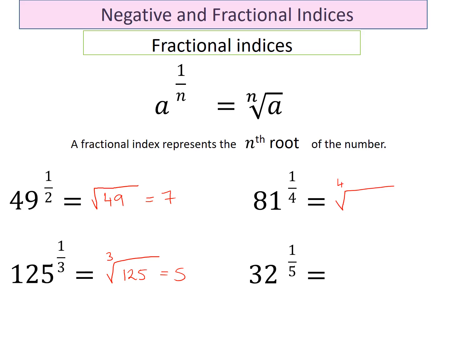So I have the fourth root of 81, and that is 3, because 3 times 3 times 3 times 3 is 81. Hopefully you can see a pattern now. So when I have a power of a fifth, that would be the fifth root of 32, which is 2.